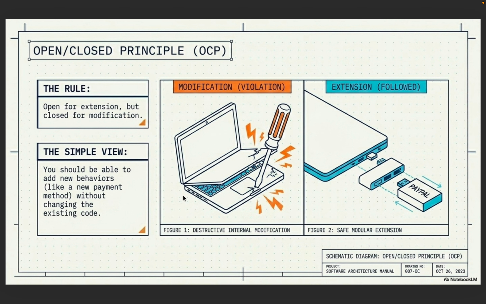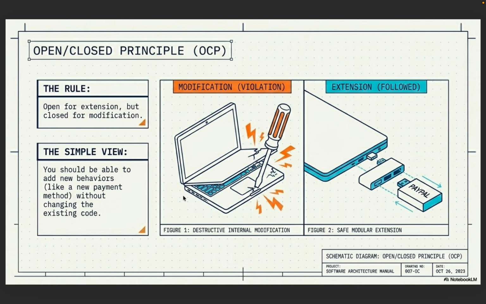Now next is the open closed principle, called OCP. The rule is open for extension but closed for modification, which means if I have code, we should not modify the code, but we should be able to extend it. Think about a mobile charger. Earlier the phones had only one charging type, right? Now there is USB-C, wireless charging and fast charging.